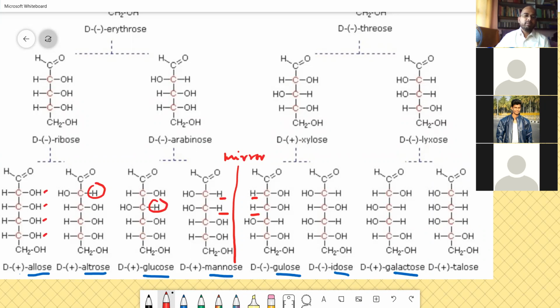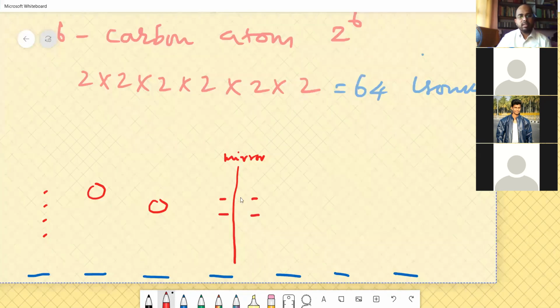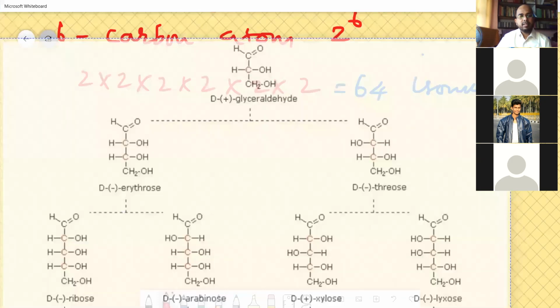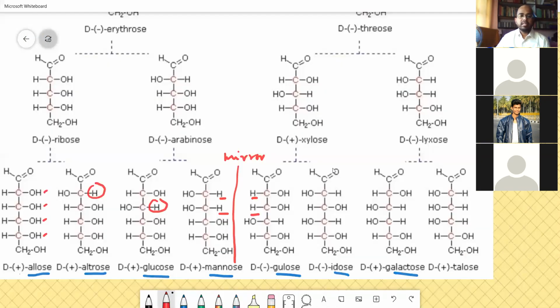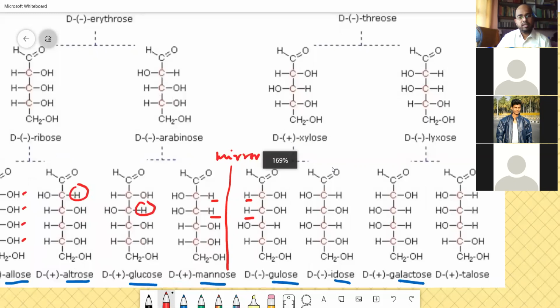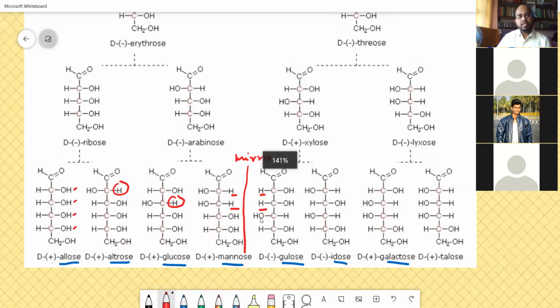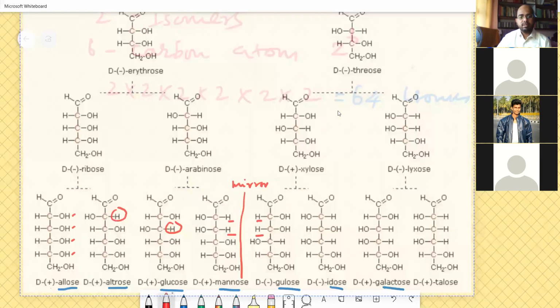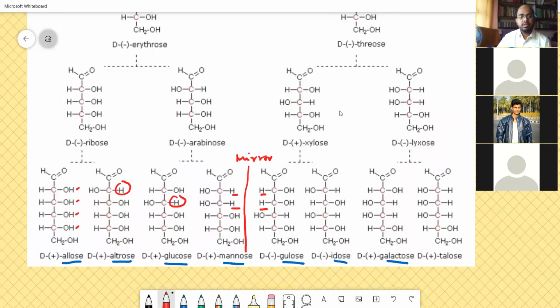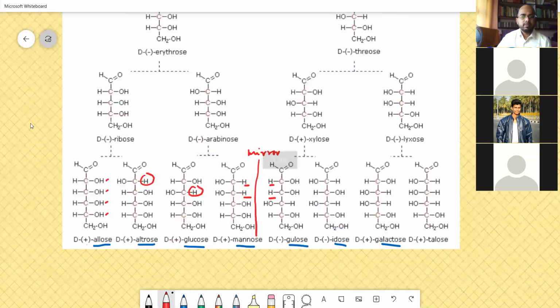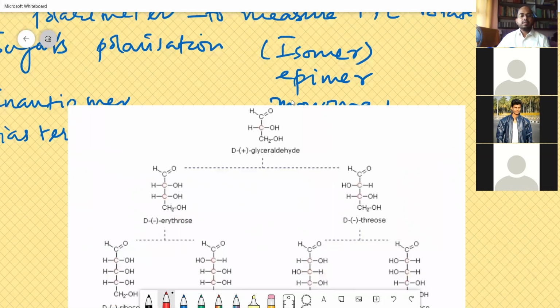Now the purpose of this diagram is to explain the establishment of the configuration of glucose, how it has been established. The most common example that I told you is glyceraldehyde.